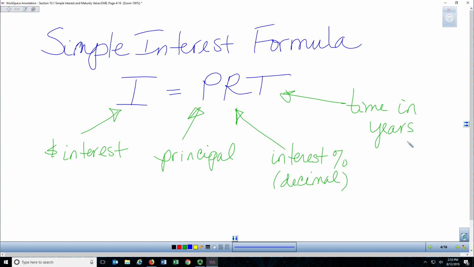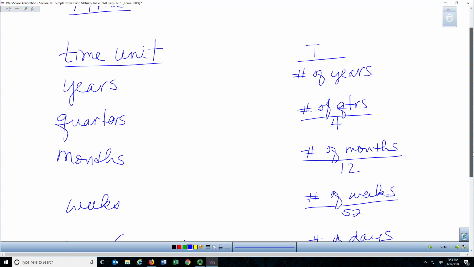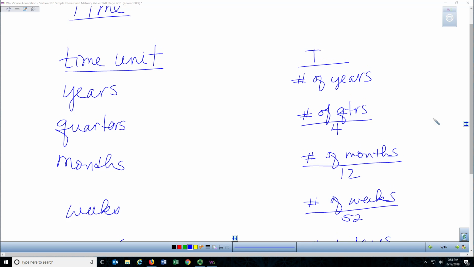Now, sometimes time is not given in years, and so we need to talk about what to do to get our T. So for time, sometimes the time unit is given in different amounts. If it's given in years, you just simply use the number of years for T. If it's quarters, there are 4 quarters in a year, so you take the number of quarters and put it over 4.